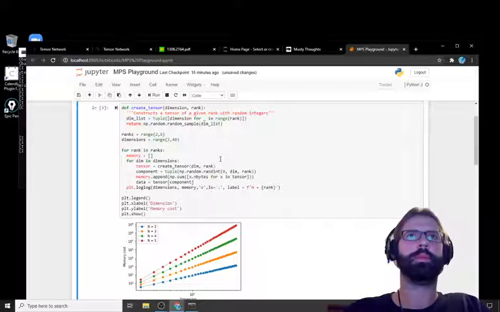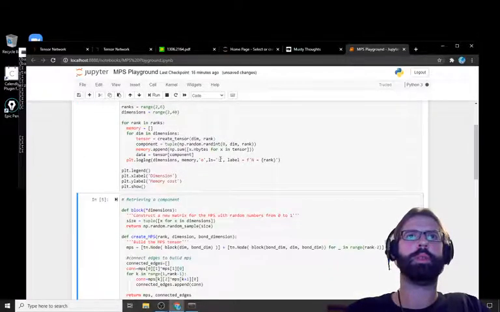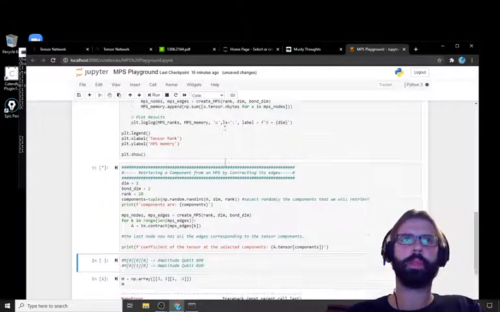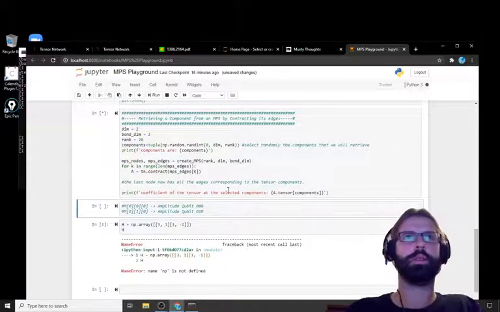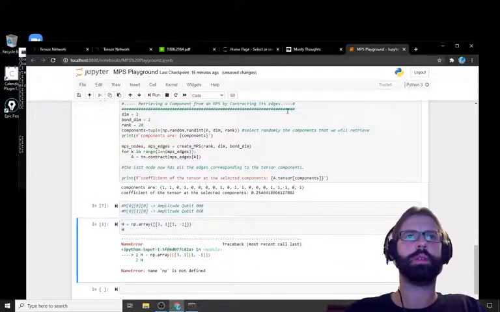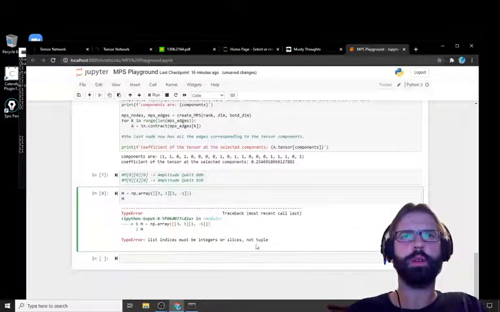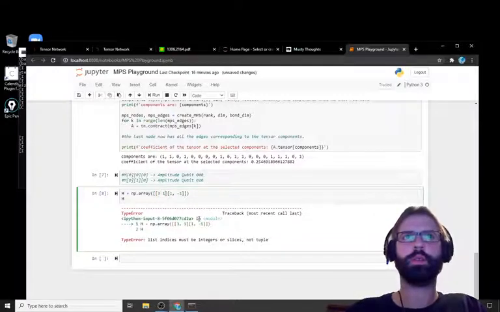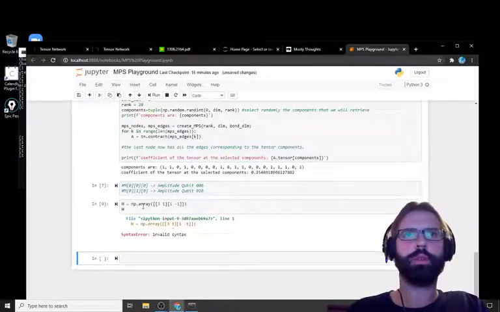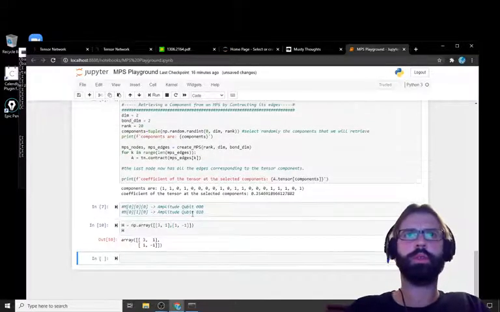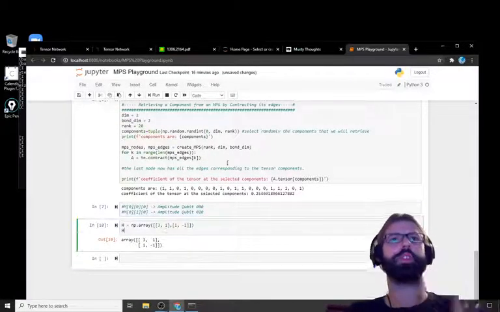I'm going to keep these things just in case. And now what? Still running? What is the syntax? Why isn't this working? Oh, there you go. So this is H. Cool.